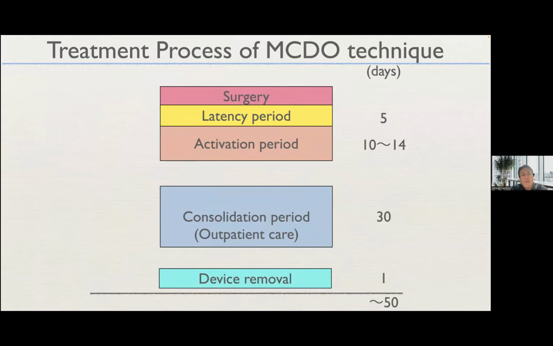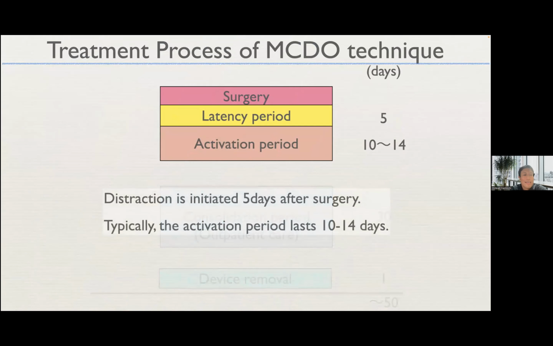The treatment process of the MCDO technique. Distraction was initiated 5 days after surgery. The bone pieces were pulled up by wire as a result of activating the distractor. Typically, the activation period lasts 10 to 14 days.